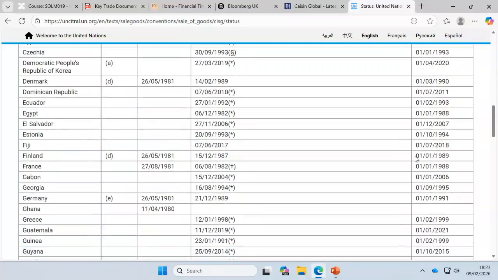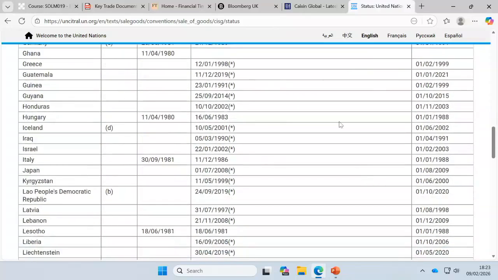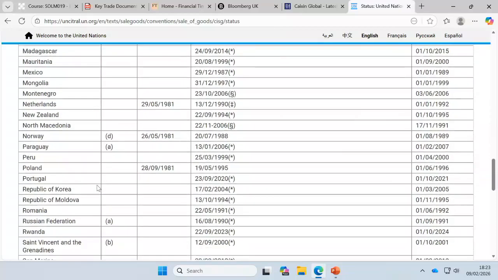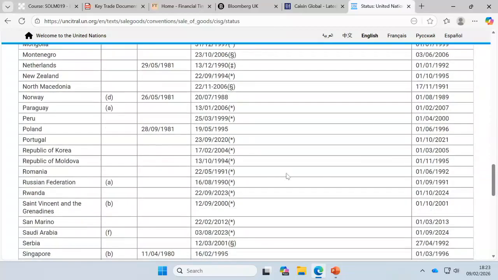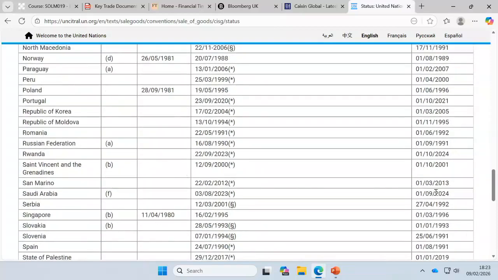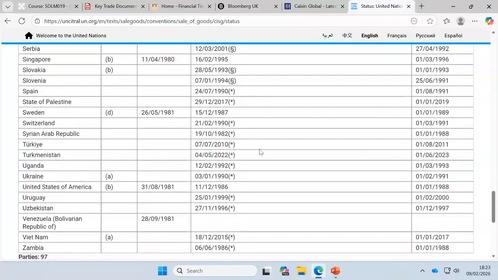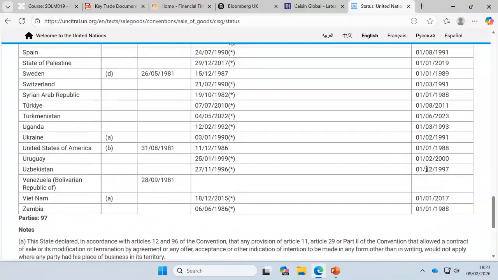If we look down, we can find France, also an early adopter, Germany a couple of years later, Japan, Russia 1991, Saudi Arabia 2024, one of the more recent adopters, Singapore 1996, Switzerland 1991, USA 1988, total of 97.